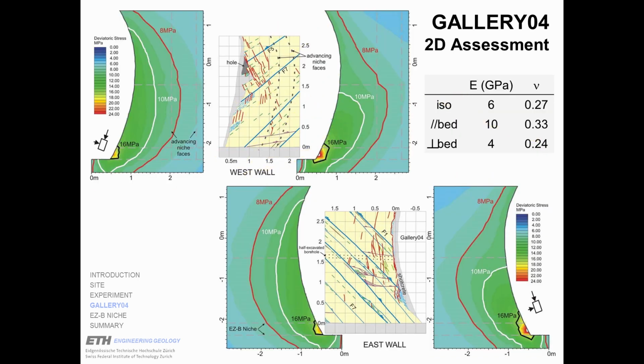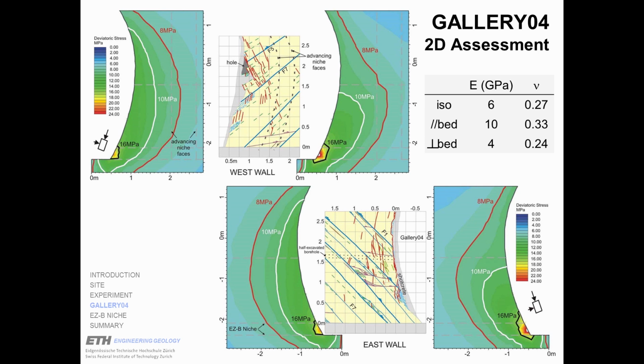So one explanation for the cause of these red fractures was given by comparing the fracture pattern with modeled stresses. And this is a relatively simple stress analysis because it's based on 2D models, created normal to the Gallery 04 for various assumptions. So in this diagram, you see an assumption where we just have isotropic or anisotropic matrix properties, but without any tectonic structures.